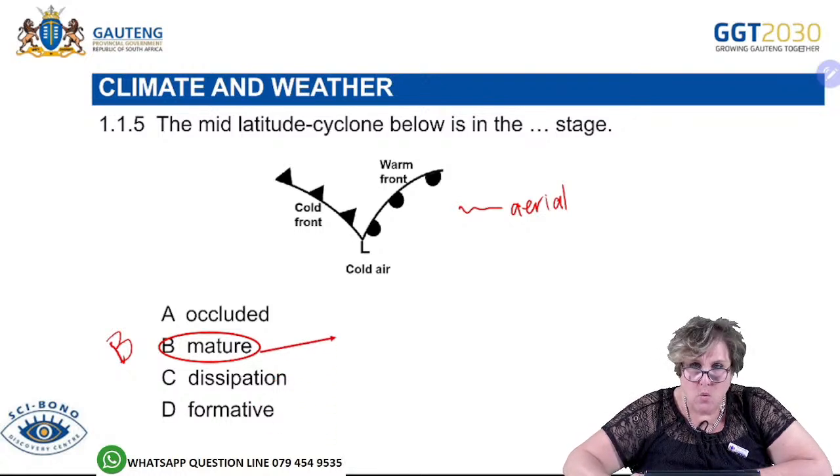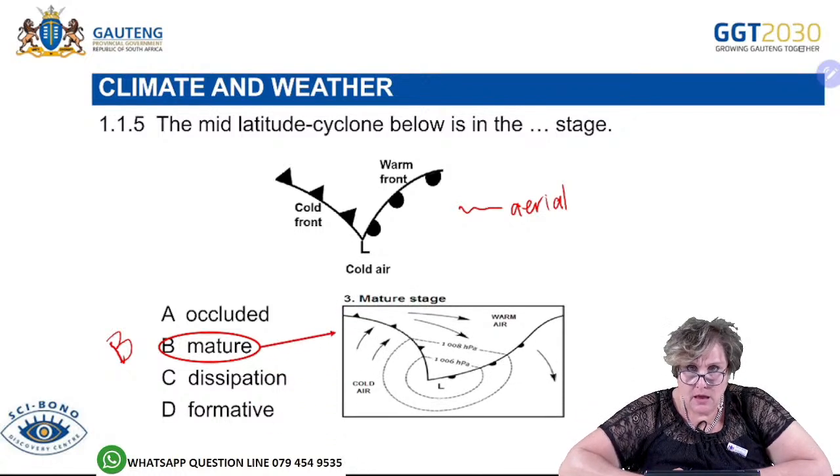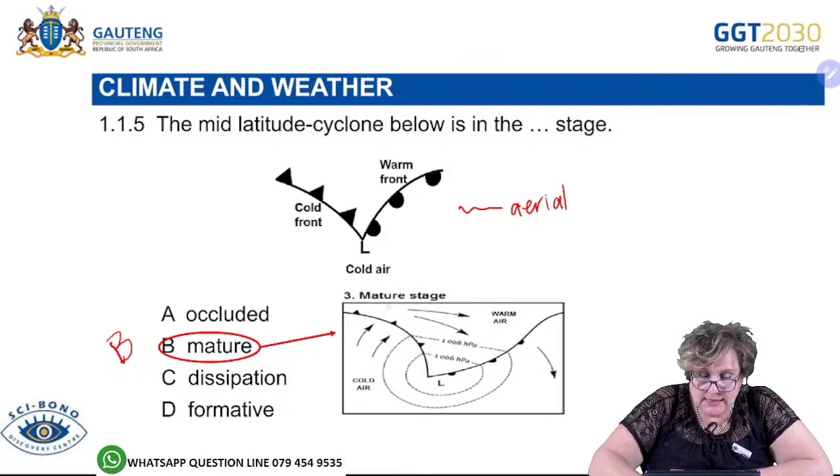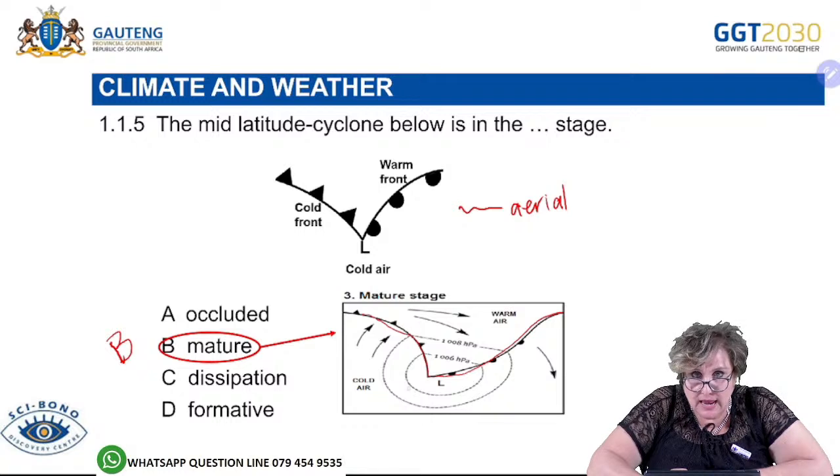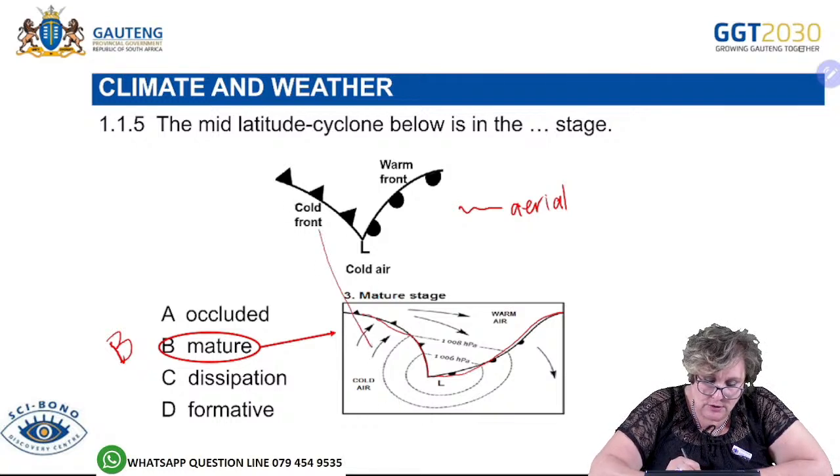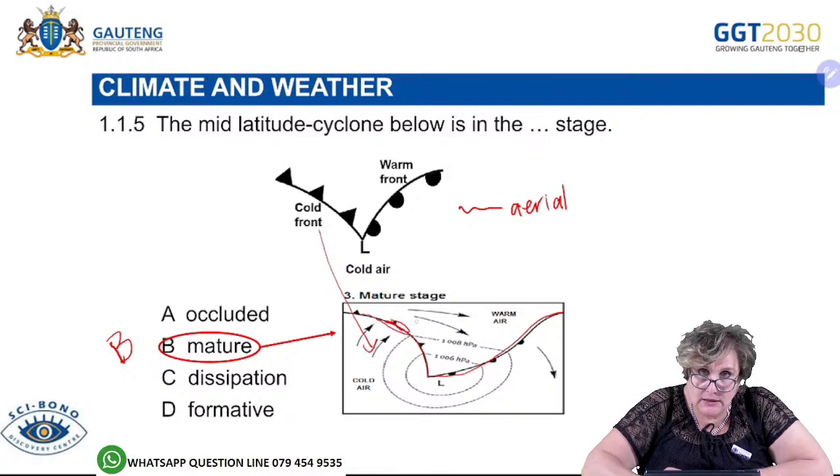Now, why B? Boys and girls, in most of the notes that you see, you will see the mature stage. I have my cold front and I have my warm front. So my two fronts are there, very well indicated. And there's my cold air. Remember, the cold air is behind the cold front. The legacy of a cold front is cold air.